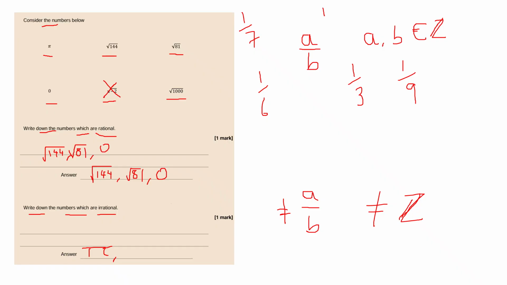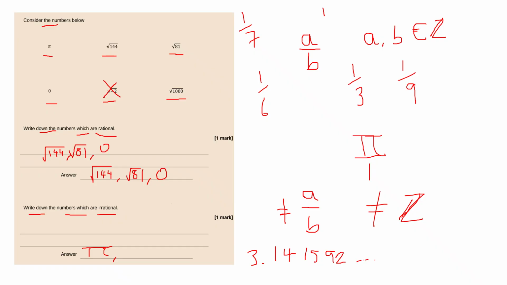It's 3.141592 etc., goes on and on forever, and there's no repetition of digits or patterns, so pi is irrational, and I can't get around it by writing it as pi over 1, because pi itself is irrational, so I can't get around that.